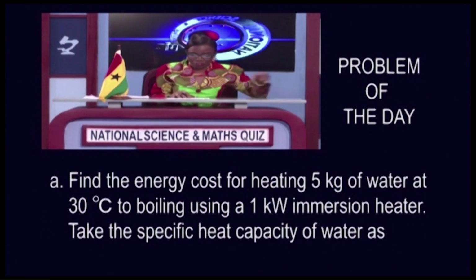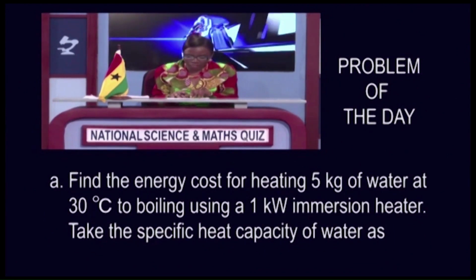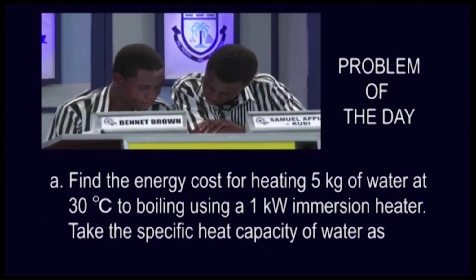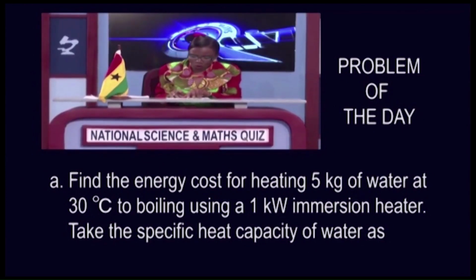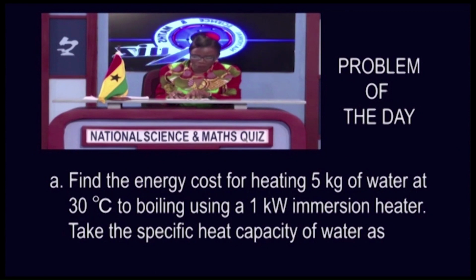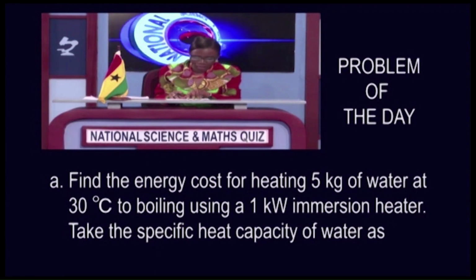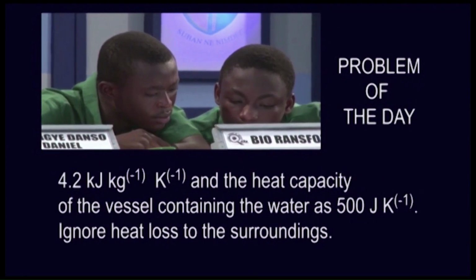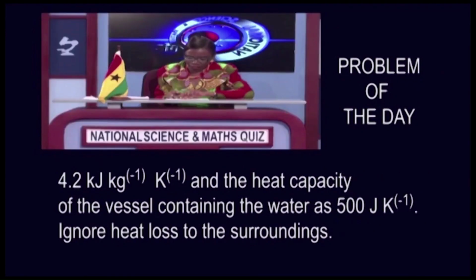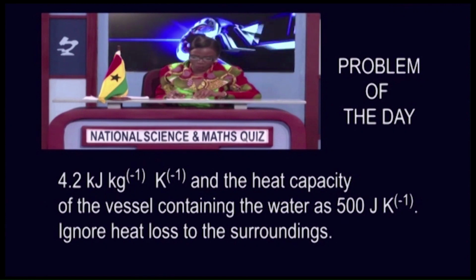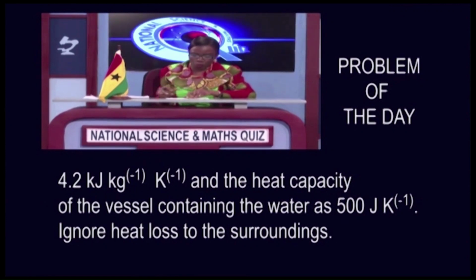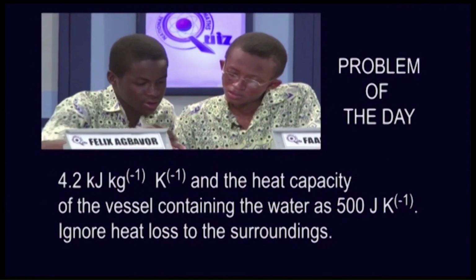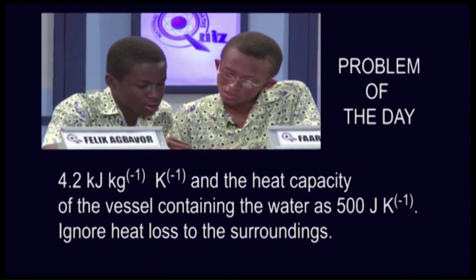A. Find the energy cost for heating 5 kilograms of water at 30 degrees Celsius to boiling using a 1 kilowatt immersion heater. Take the specific heat capacity of water as 4.2 kilojoule per kilogram per Kelvin, and the heat capacity of the vessel containing the water as 500 joule per Kelvin. Ignore heat loss to the surroundings.